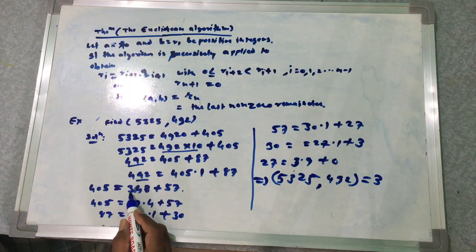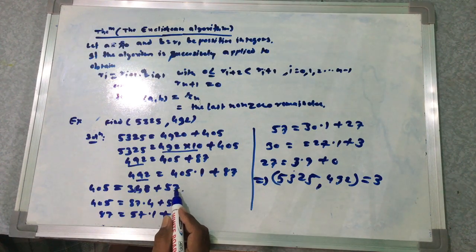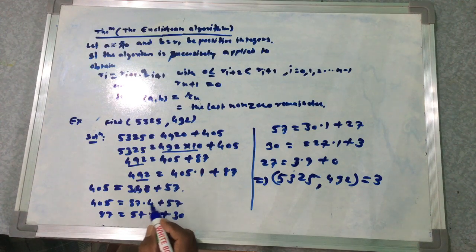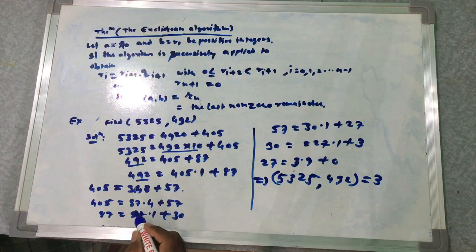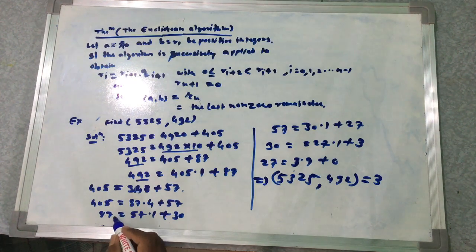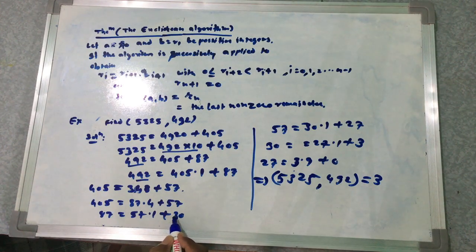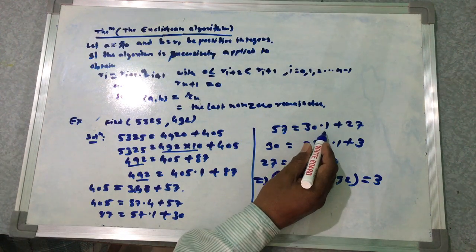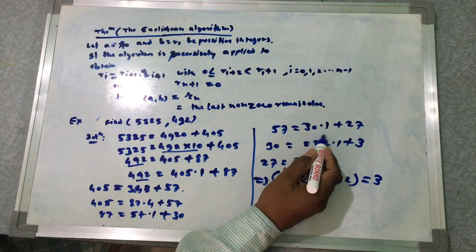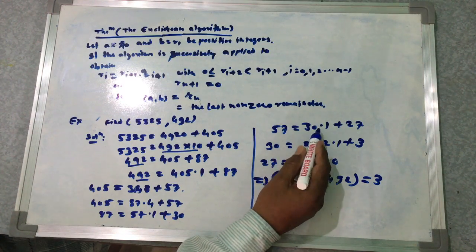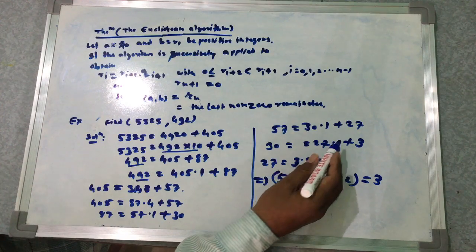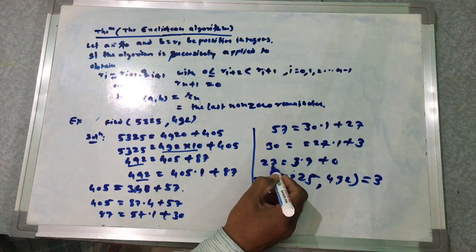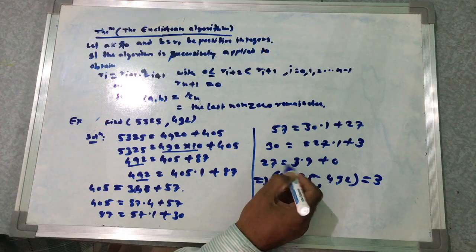Then 87 is 57 into 1 plus 30, 57 is 30 into 1 plus 27, then 30 is 27 plus 3, and 27 is 9 threes.